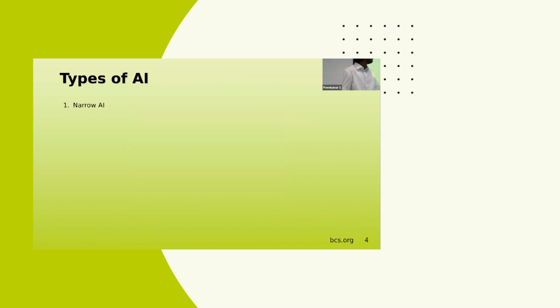So what are the types of AI? The first type that we cover is narrow AI.